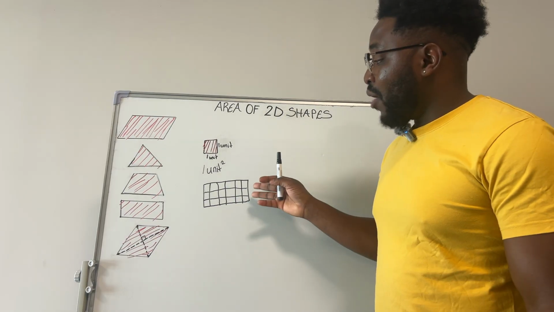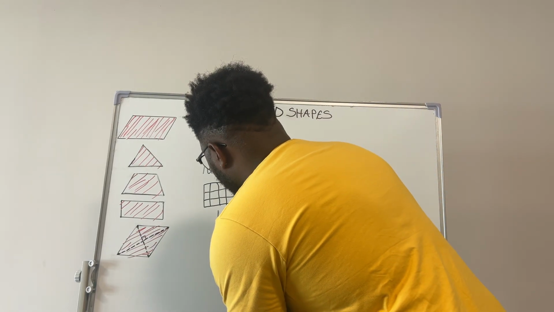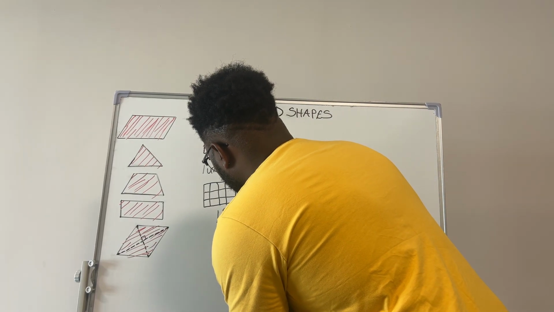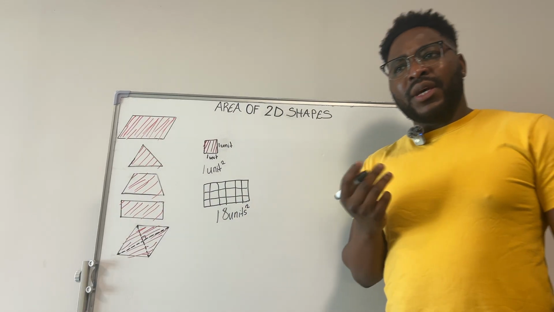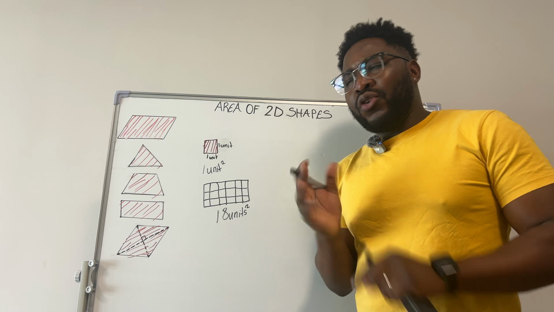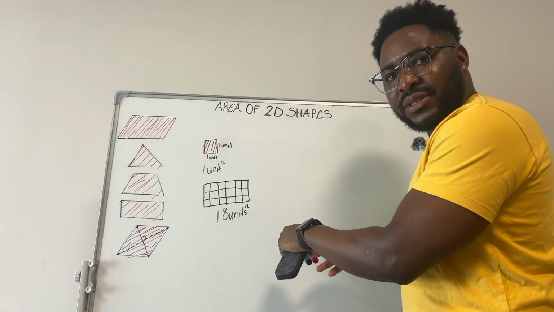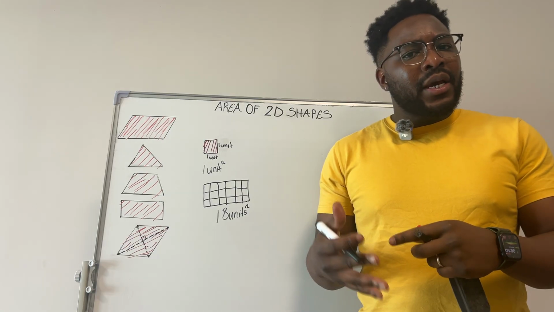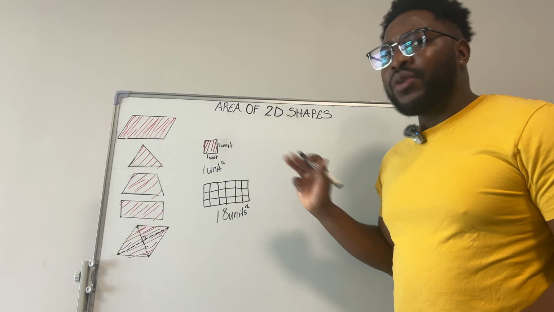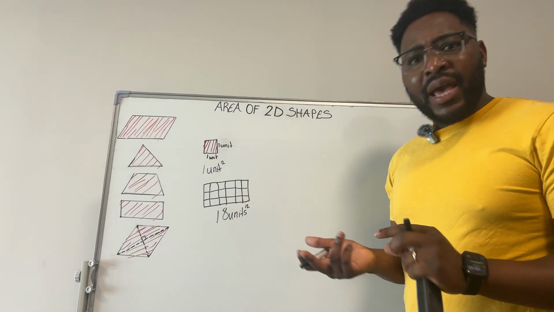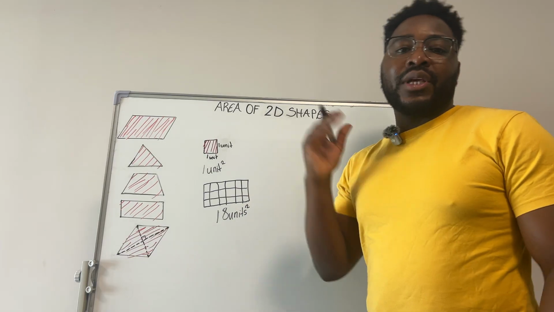So the area of this rectangle is 18 units squared. From this explanation and illustration, we can say that area comes from counting the square units.